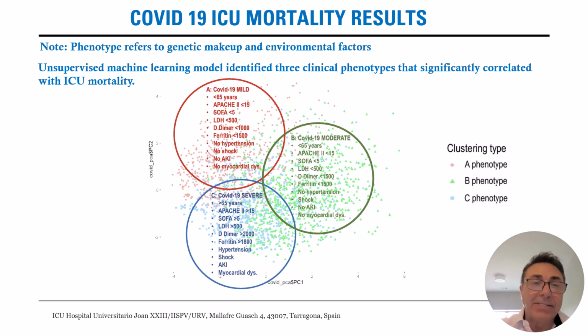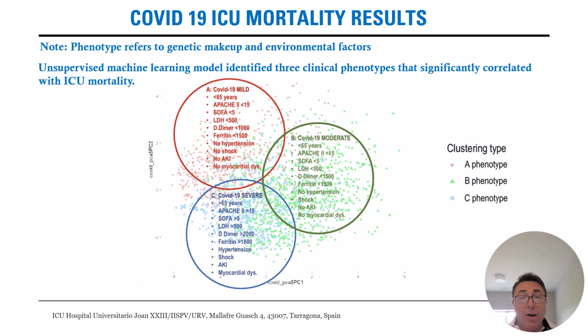This is very interesting. This is a COVID-19 ICU mortality result. This was given by an ICU hospital university in Spain. Now, phenotype refers to the genetic makeup and environmental factors. So we can see here there's a bunch of input for these clusters. So it's between genetic makeup and the environment.